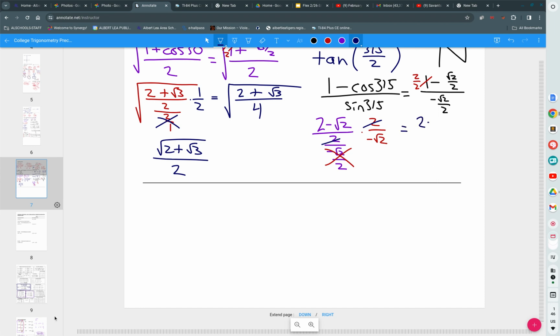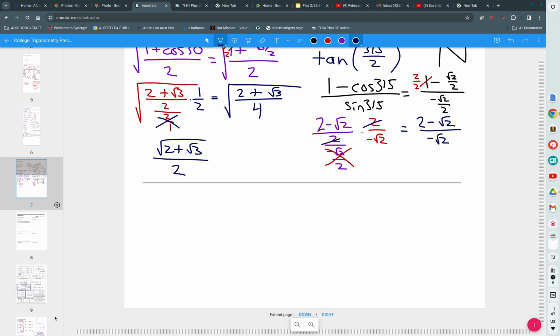And I get 2 minus the root of 2 over negative root of 2. So can people see again why I like to use that first formula? Because I just end up with the square root of 2. That way I don't have something like 1 minus the root of 2 or something like that.